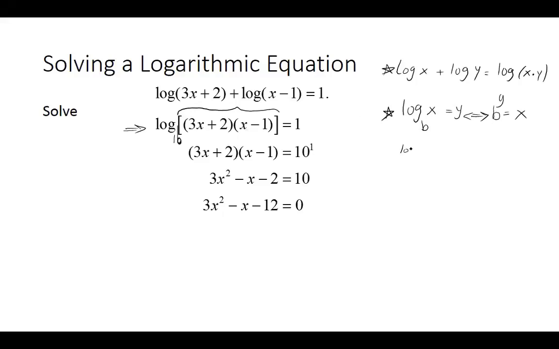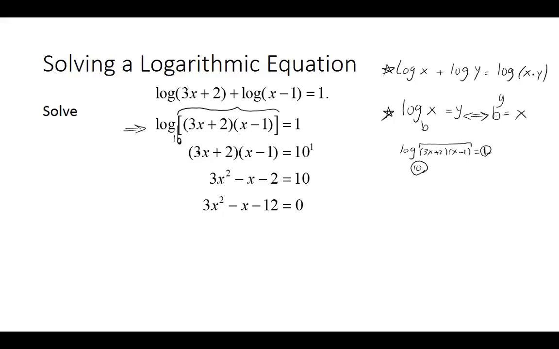So here is log, and my base is 10. My argument here is the product of these two binomials, and my y here is 1. So if I want to use this formula, I would get 10 to the power of 1, b to the power of y is equal to the argument x. This is my x.